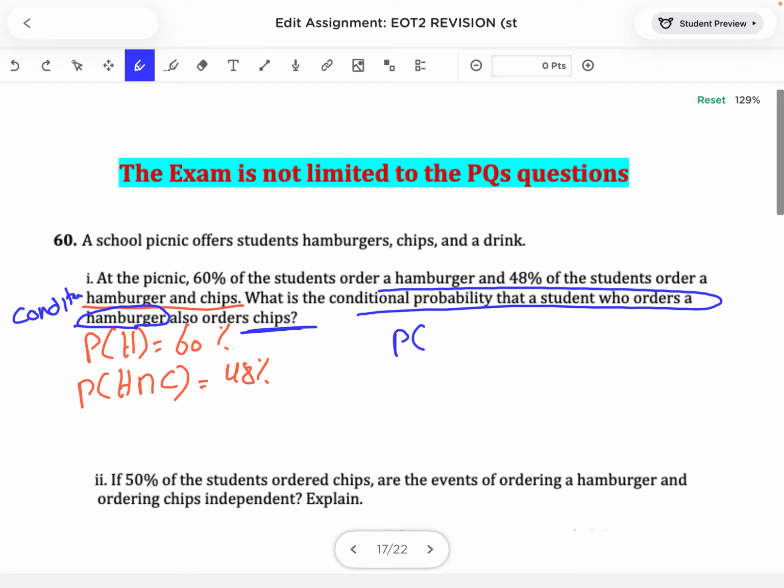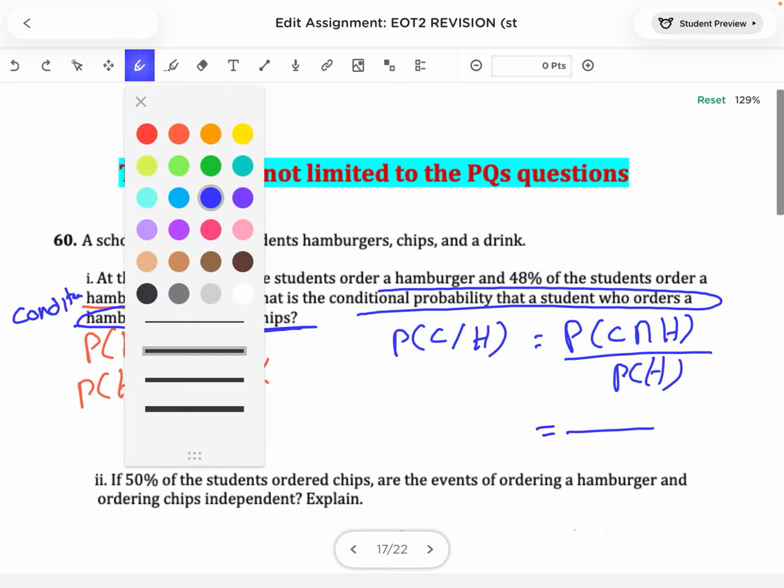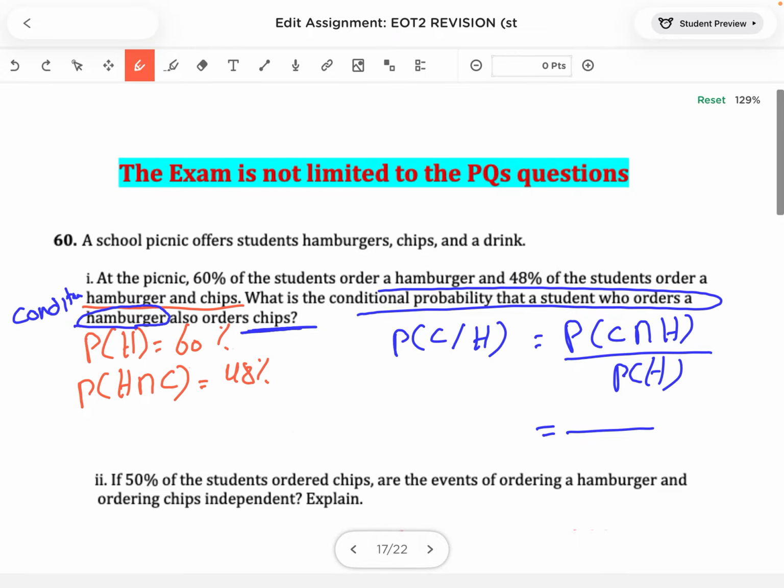So we need the probability of chips given that he ordered a hamburger. According to the rule, it is the intersection between hamburger and chips over the sample space, which is the hamburger. What's the probability of hamburger? 60%. Hamburger and chips 48%. The answer is 80%.